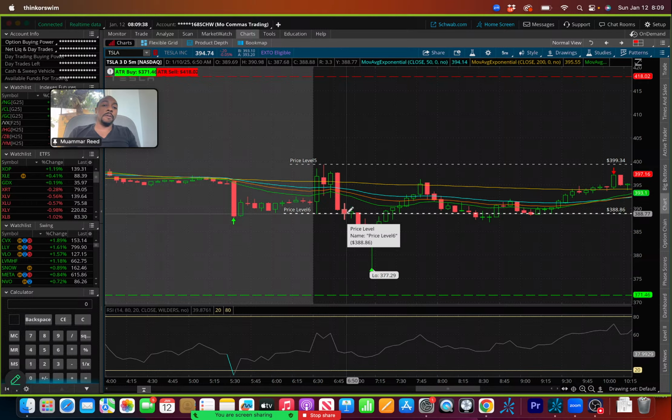I would have either shorted shares, which I don't do, I probably would have bought puts, or sold a call spread right around here once this broke. Essentially, that's what you're looking for. If you had consolidation over the first 15 minutes, you set your range, and then you take the breakout.